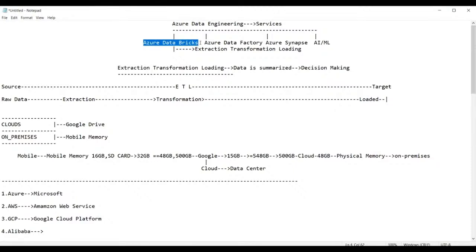These are the four languages used in Azure Databricks. Whereas Azure Data Factory is totally menu driven. Both perform the same job, but one is menu driven and the other is code based.